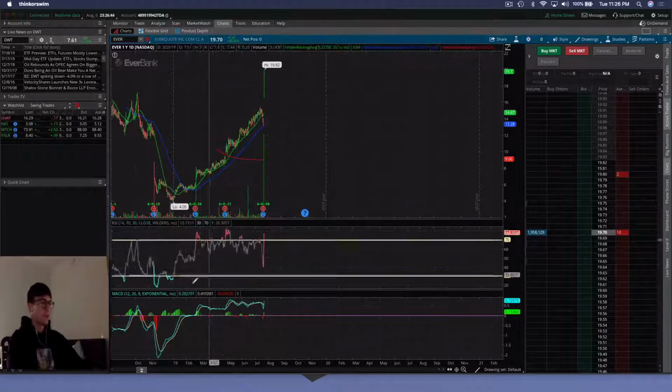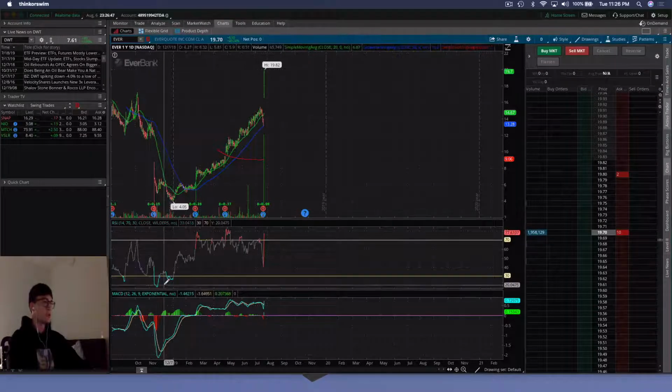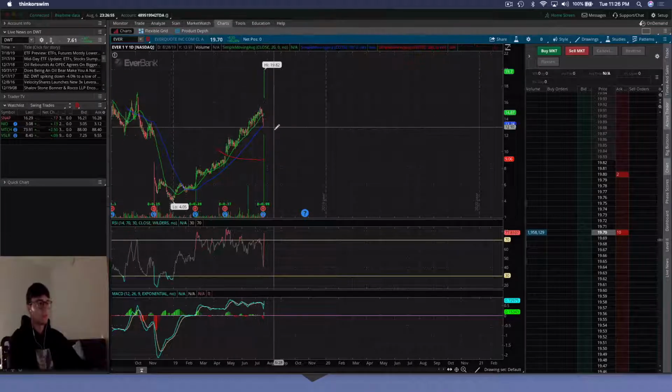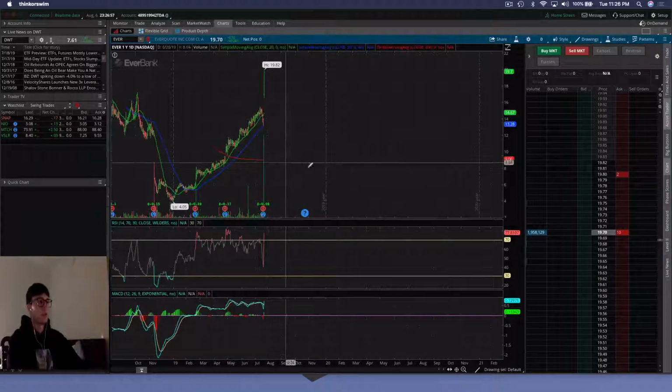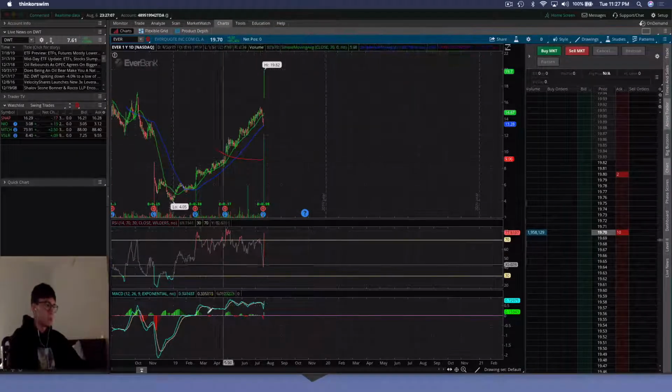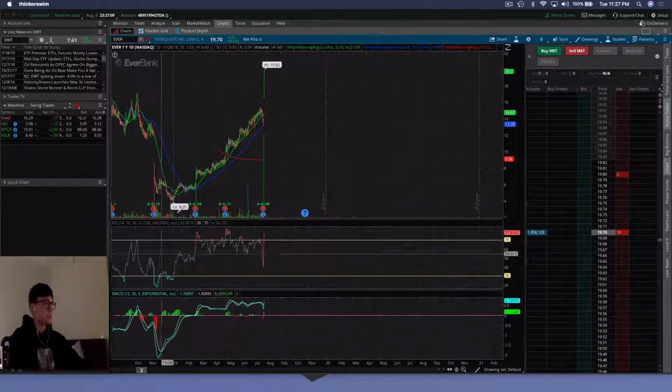If it's below 30, it's oversold. If it's oversold, it means basically that the stock is devalued by overselling. People are selling it too much and it's at a price where each share is cheaper than the actual value of what each share should cost. So that's good to know.